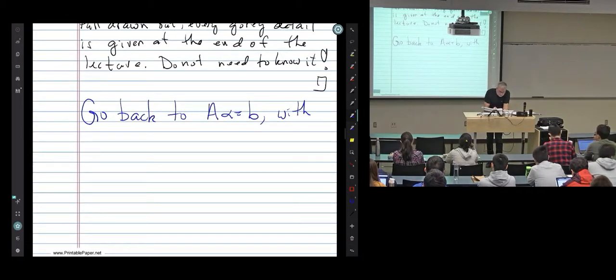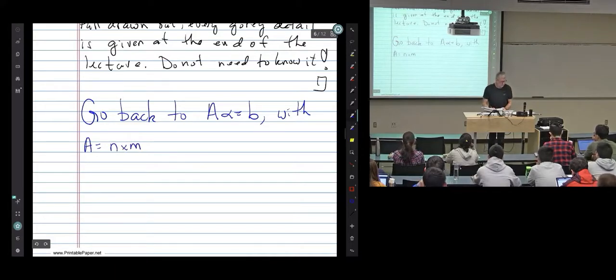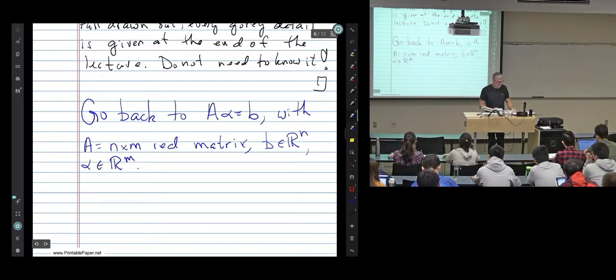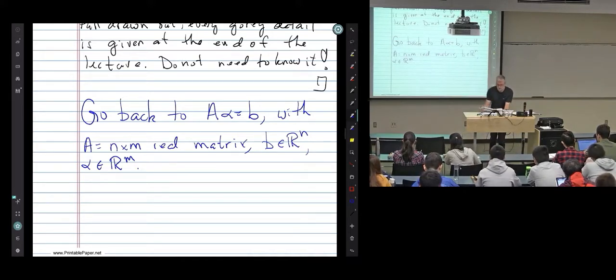We had A is n rows, m columns, a real matrix. B was in Rn, alpha in Rm.